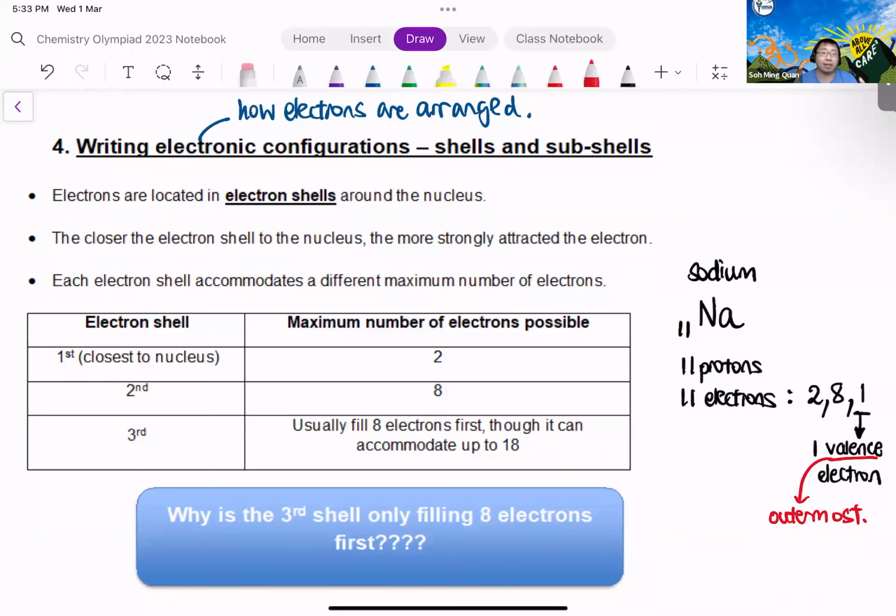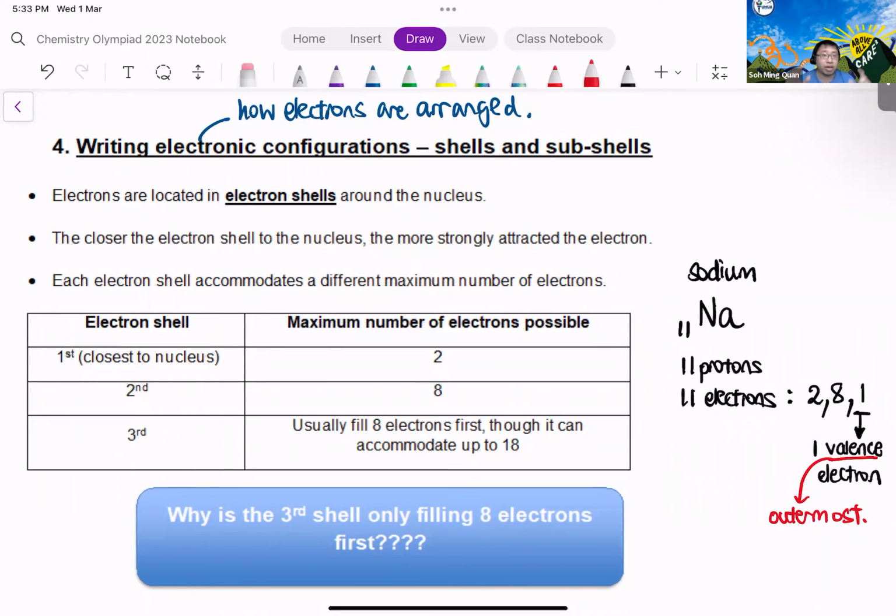So today we shall answer this question. Why so strange, the third shell? Why is it only filling up 8 electrons even though it has the capacity to accommodate up to 18? This shows you that shells may actually be further divided into subshells.